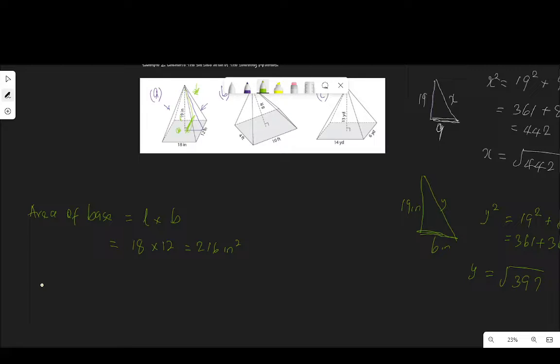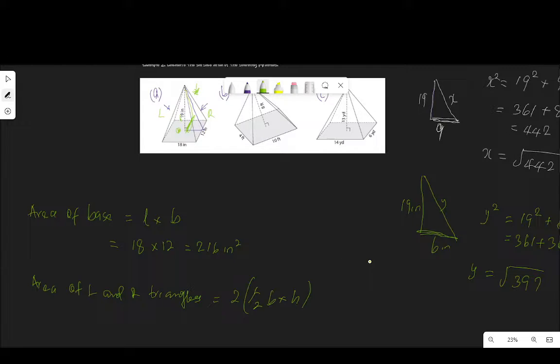The area of the 4 triangles. Okay, let's do the 2 triangles first, the triangle on the left hand side and on the right hand side. Let me call this left and this right. The area of the left and right triangles will be 2 times half base times height.